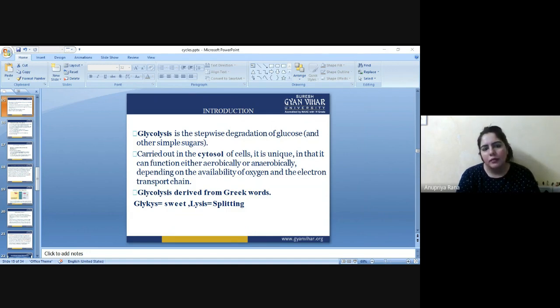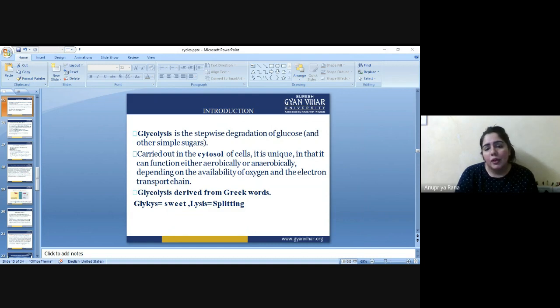Like the pentose phosphate pathway, this process also happens in the cytosol of the cell. It is unique in that it can function either aerobically or anaerobically.